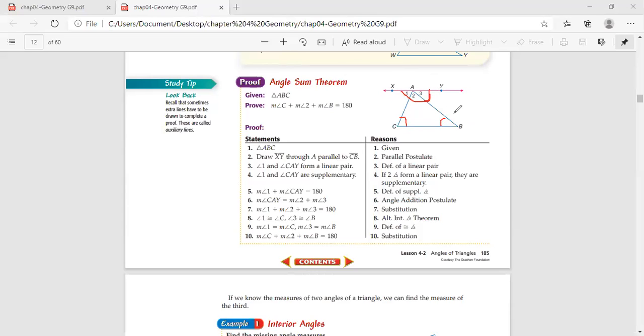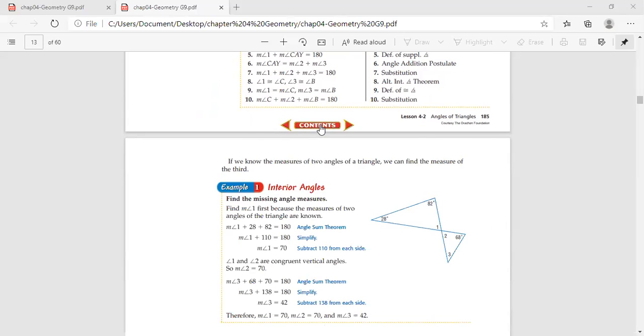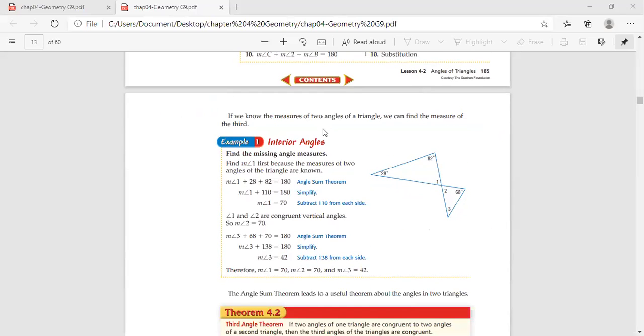We said that 3 equals B and 1 equals C. So the measure of angle B plus the measure of angle C plus the measure of angle 2, their sum together also equals 180 degrees, which means the sum of interior angles in any triangle equals 180 degrees.